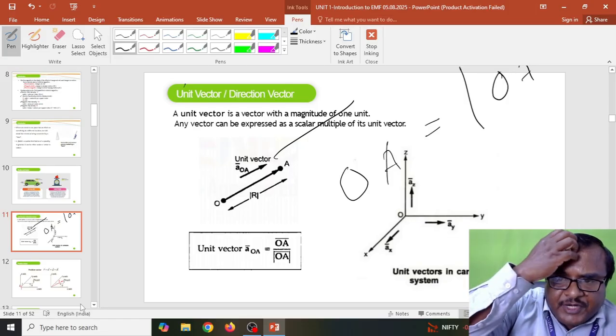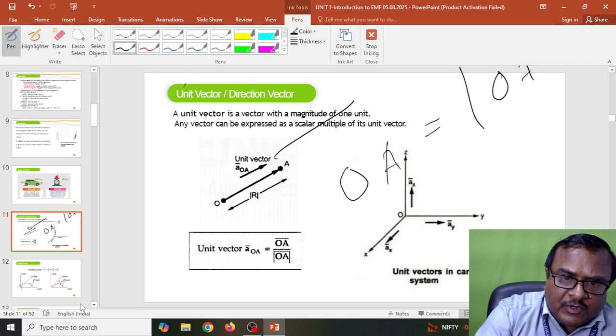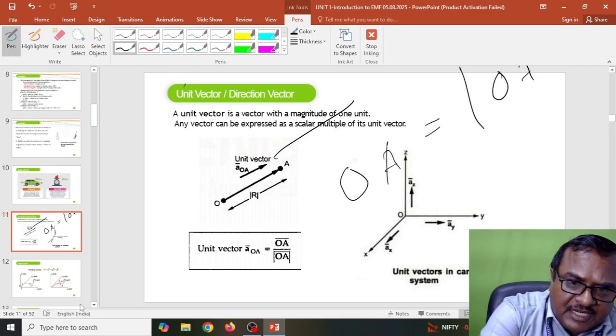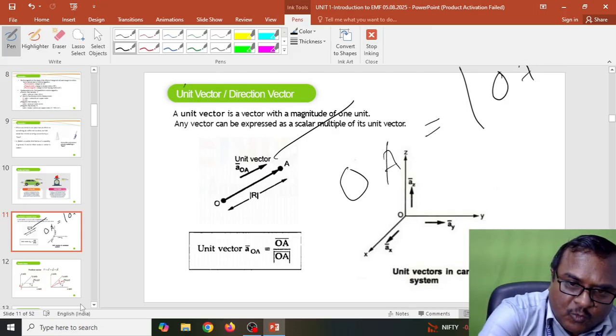These unit vectors have a magnitude of one, so they have only direction. In general, a unit vector is defined as the vector OA divided by the magnitude of that vector.